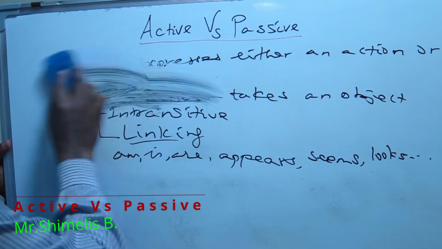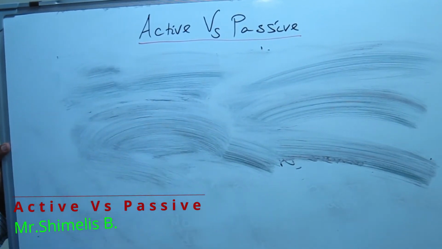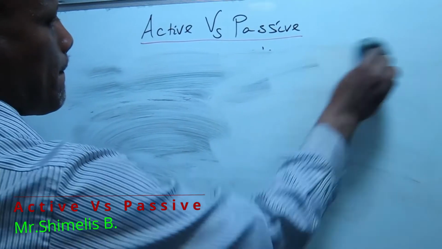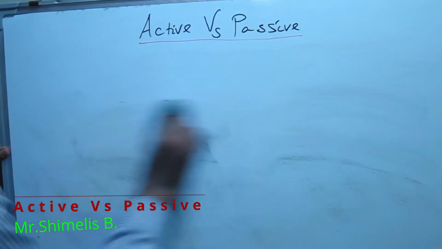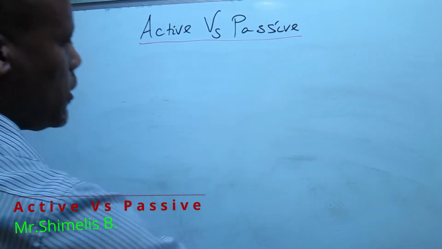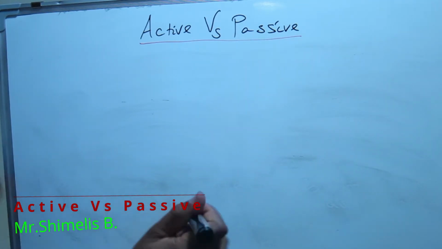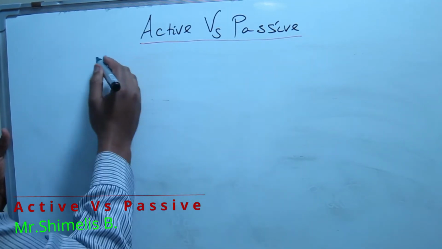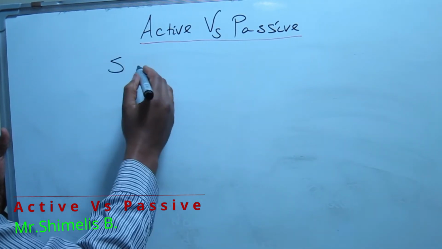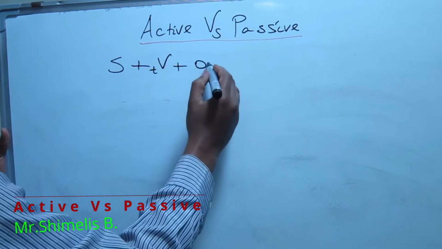Now let me just pose a hypothetical sentence with a transitive verb and an object.